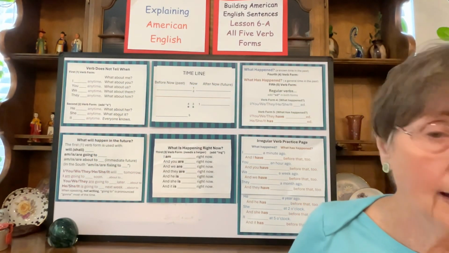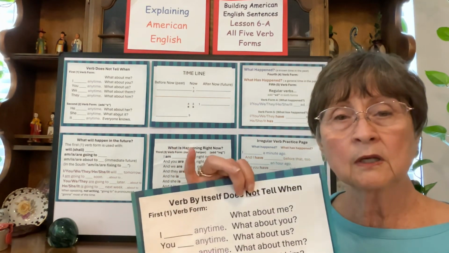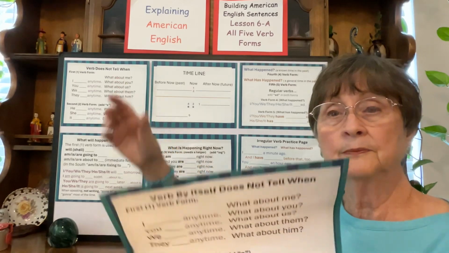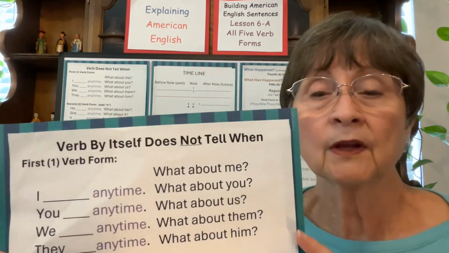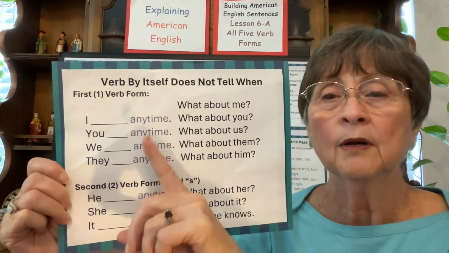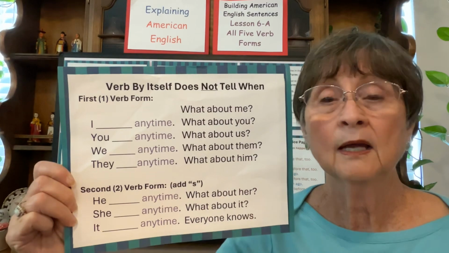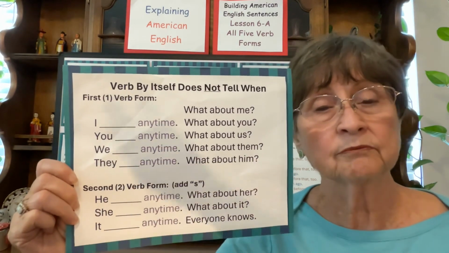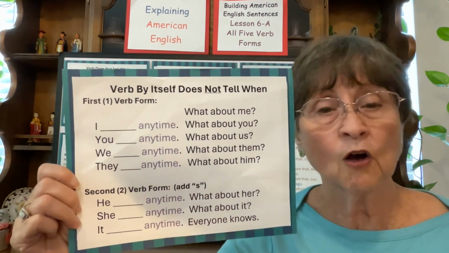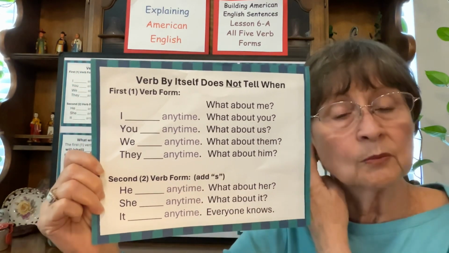Now let's look at the 5 forms. This one goes with this one over here. This is number 1, which does not have a specific time. Verb by itself does not tell when. I put this into a little chanting, sing-songy little series of sentences so that you can practice it that way.